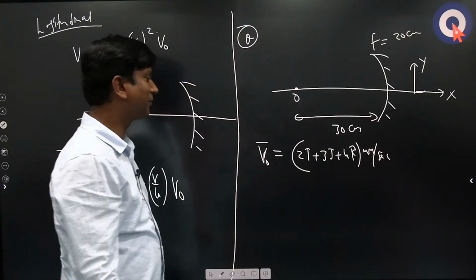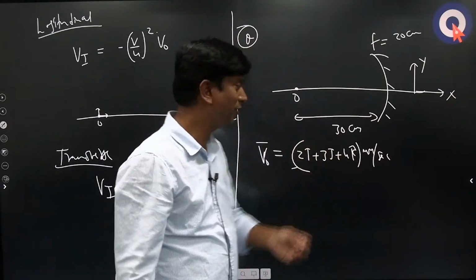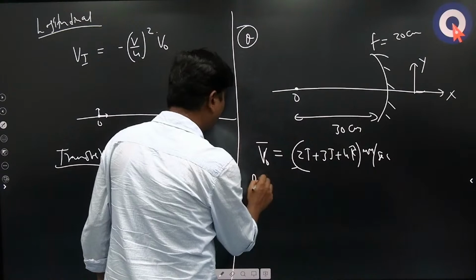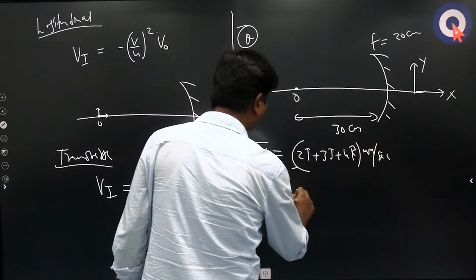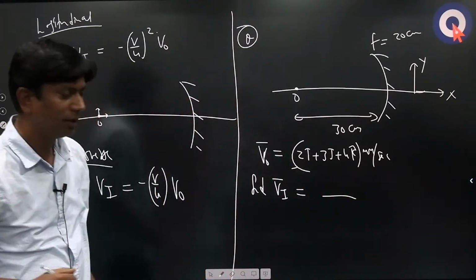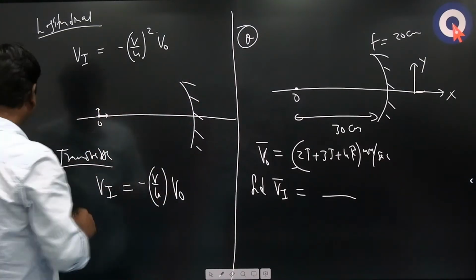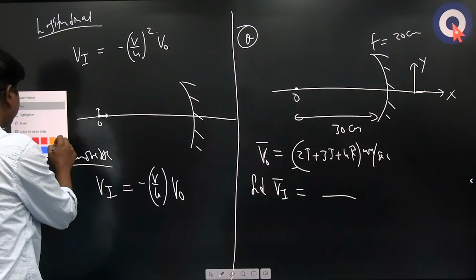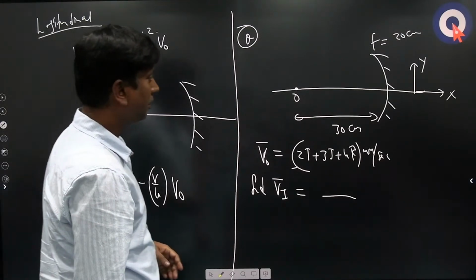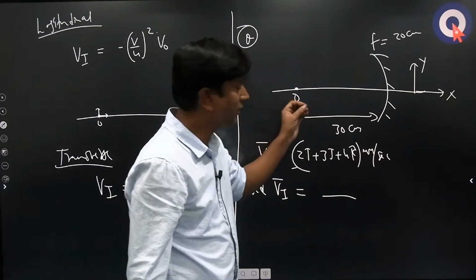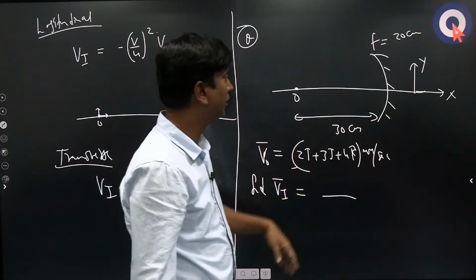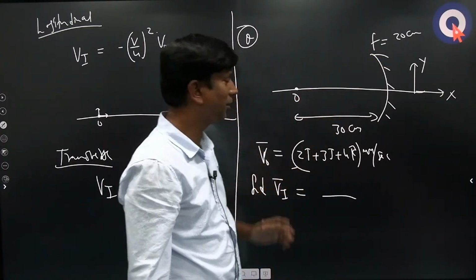Now, if this is the velocity of the object, what will be the velocity of the image? They are asking to find the velocity of the image. So first we'll take the position of the image. Here the focal length is 20 and the object distance is 30.